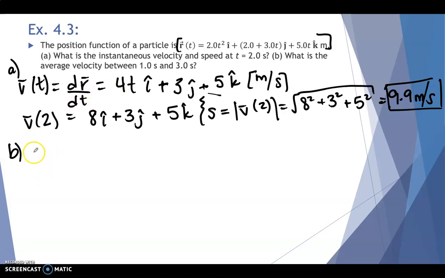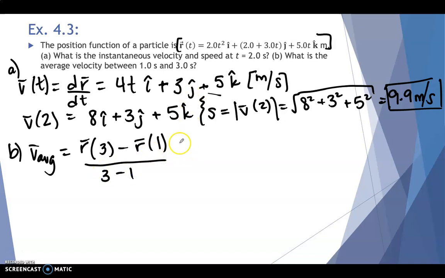So v average will equal r at t2, which is 3 seconds, minus r at 1 second, divided by 3 minus 1. This is going to be our setup.